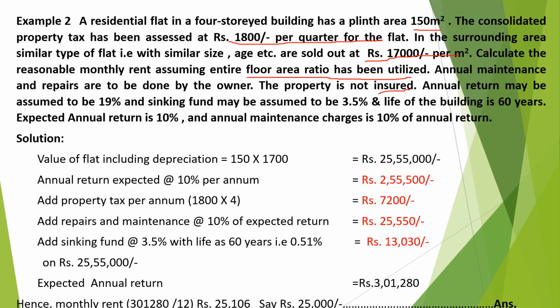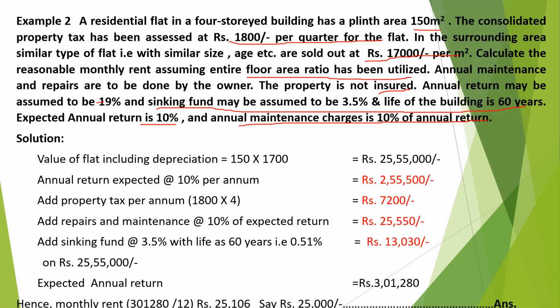The annual return may be assumed at, sorry, it is 9%, and sinking fund may be assumed at 3.5%, and the life of the building is 60 years. Expected annual return is 10%, and annual maintenance charges are 10% of annual return. This is given to you.